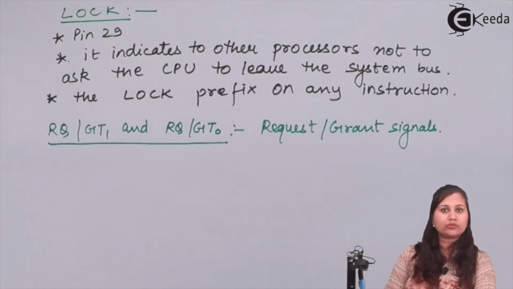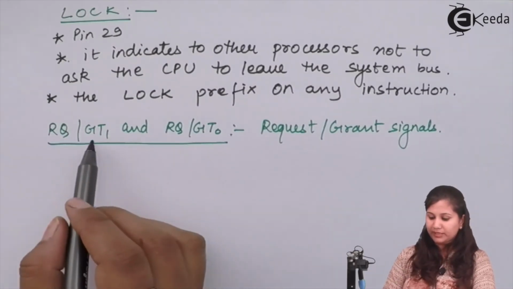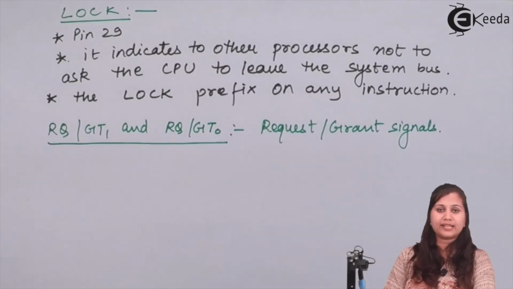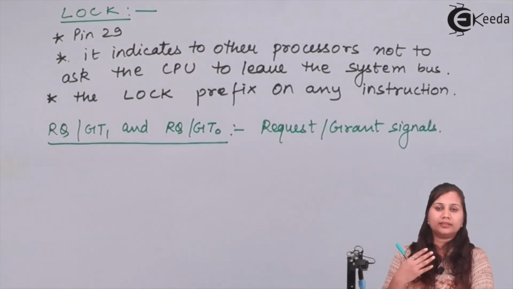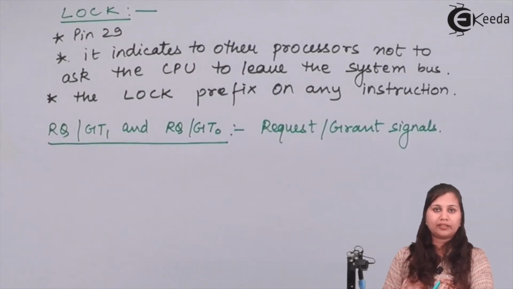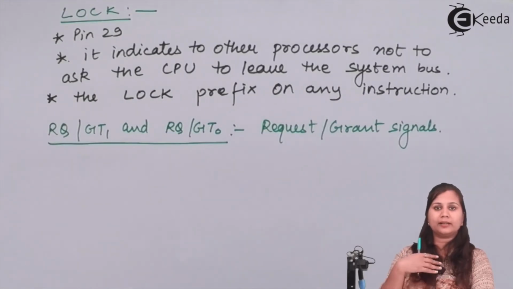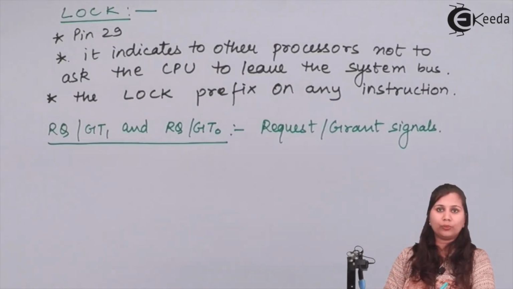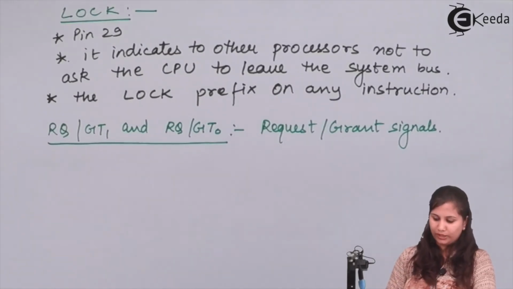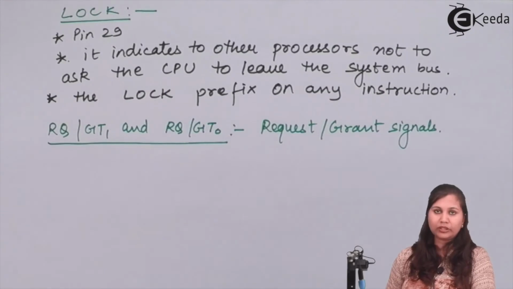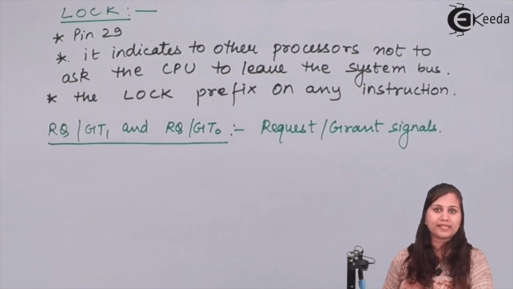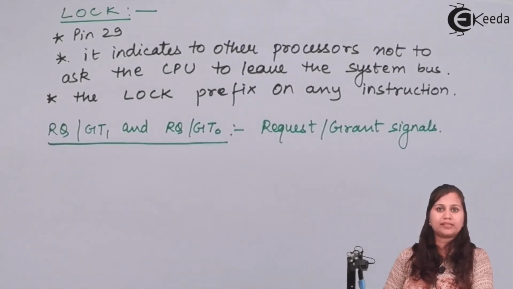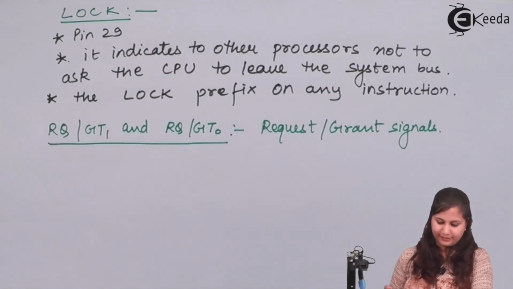In response to that request, the microprocessor generates the grant signals, meaning it has accepted the request and granted that the other processors or peripheral devices can have control over its system buses. So the peripheral devices send these request signals, and in response to these request signals, the microprocessor issues the grant signals.